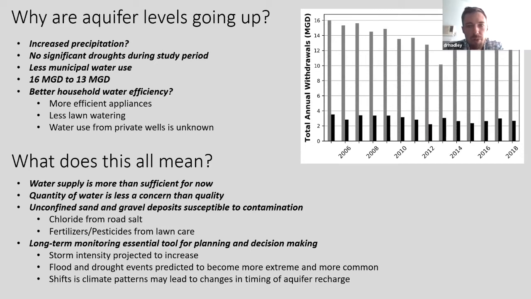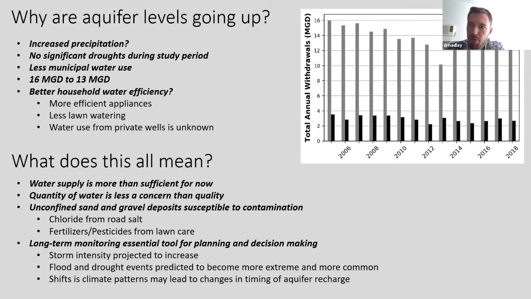The reason we'd be more concerned about quality is because a lot of the aquifer is unconfined in BACOG, and it's directly connected to surface water systems. So if there's chloride from road salt, or fertilizers and pesticides from people's lawns, that all ends up in the surface water, in the creeks and rivers, and that can end up in the aquifer itself.